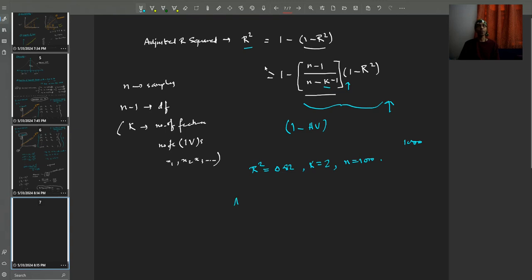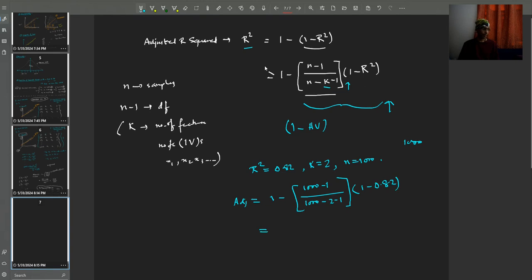Therefore, adjusted R squared we can calculate as 1 minus (1000 minus 1) by (1000 minus 2 minus 1) multiplied by (1 minus 0.82), right?